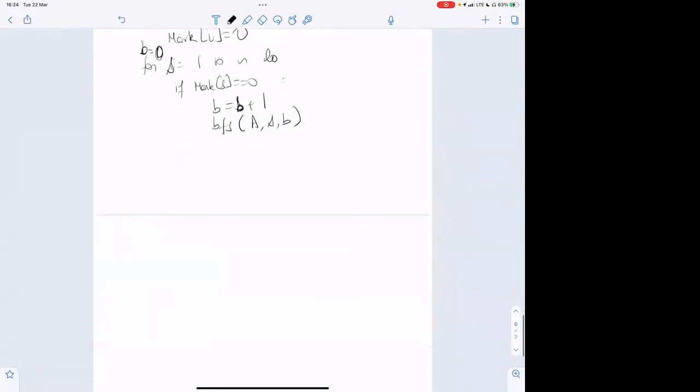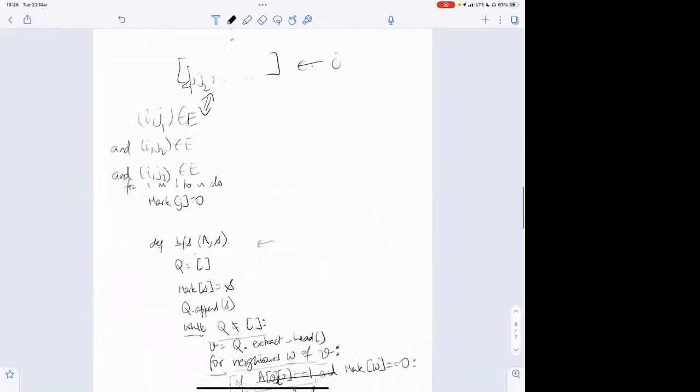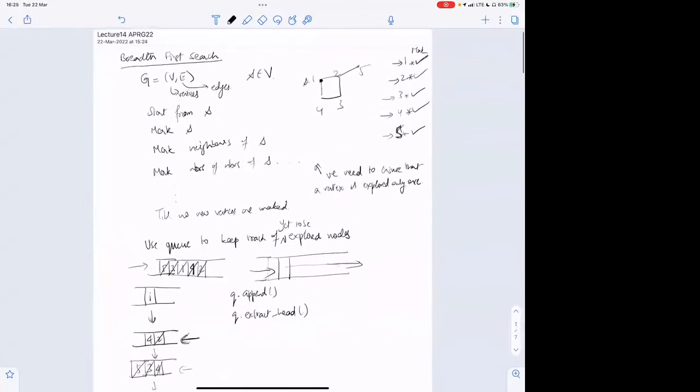Now, let's go back to the initial definition or initial intuition behind breadth first search. We said we would mark S, then mark the neighbors of S, then the neighbors of those, and so on. So in some sense, we are exploring things in a ring-like fashion, correct?